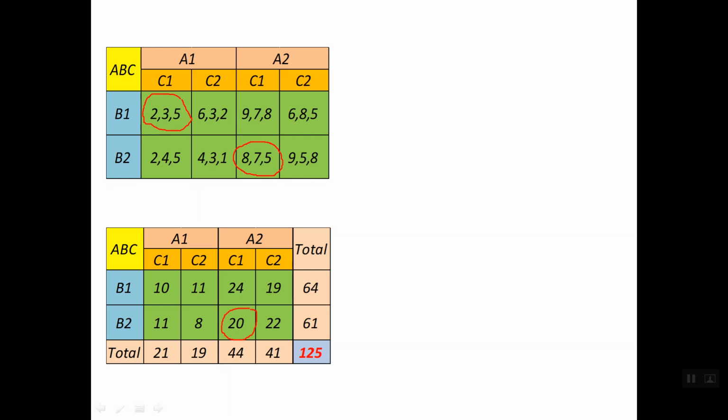So if you make a simple calculation for the total, you will get 20. Here we have the totals. This is the total of B1, and this is the total for B2. And we have 125, which represents the total of all observations.